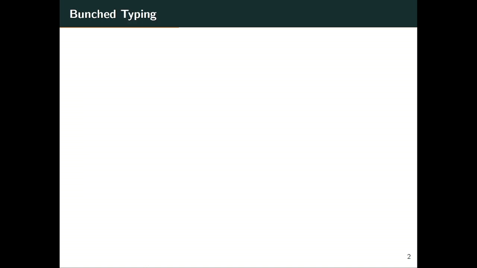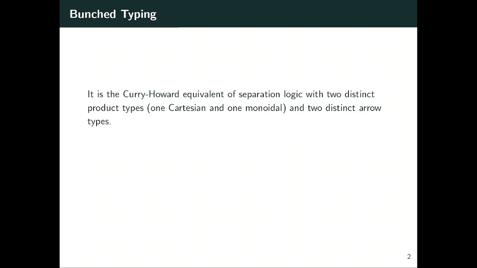And for those who are familiar with separation logic, they might think that there is an easy way of doing this by using bunch typing, which is the Curry-Howard version of separation logic, and has two distinct pairing operations and two distinct arrow types.